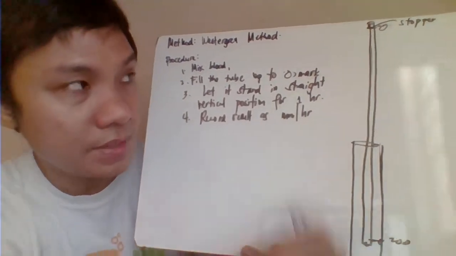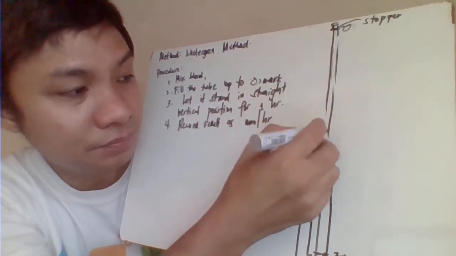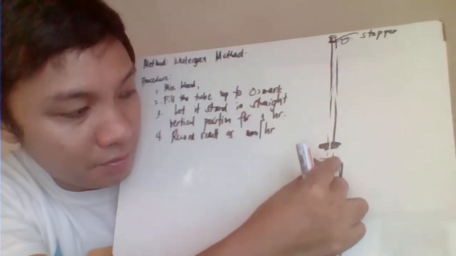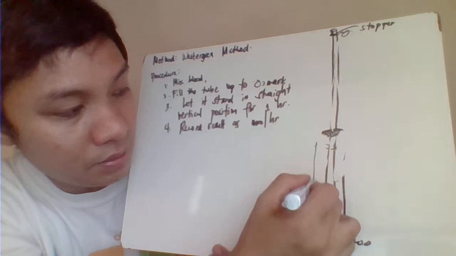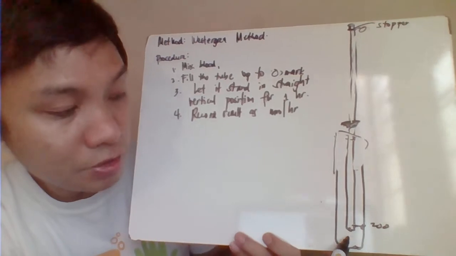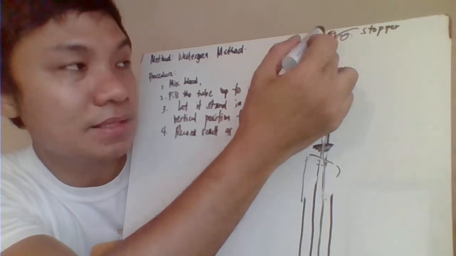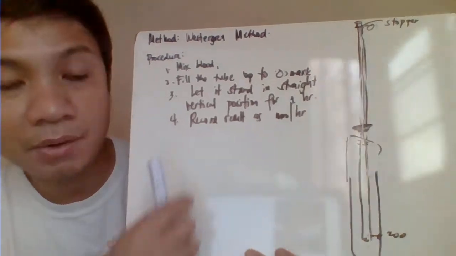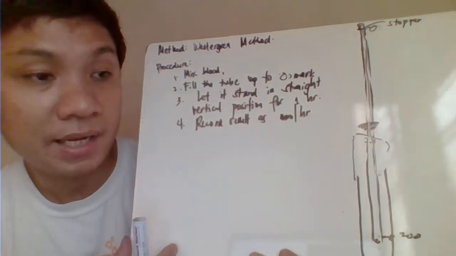All you need to do is insert the tube into the EDTA tube, which has a stopper, like a marker. When you insert it, pressure builds on this side and it becomes tighter, which allows your blood, in the EDTA tube or even the black citrate tube, to rise up the column. There is also a stopper at the top so it does not overfill. Then, again, allow it to stand straight in the vertical position for 1 hour, and record the result as mm per hour.